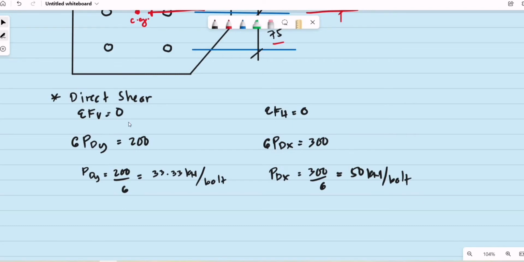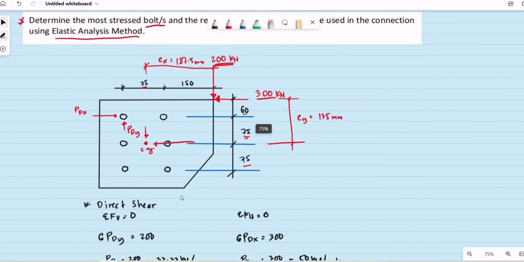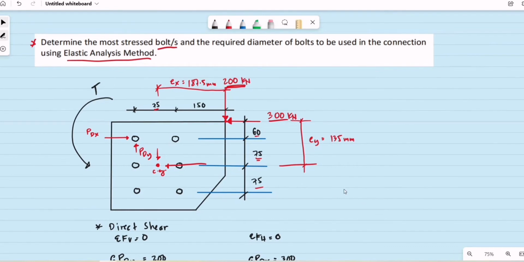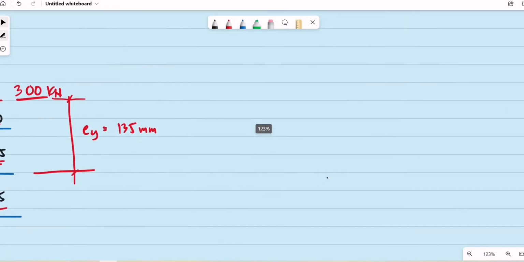So since again we have eccentric loadings, there will be a torsional effect on our connection. So let us compute for the net torque acting on this connection. When it comes to the torque, again from our strength of materials, torque is basically a twisting moment.